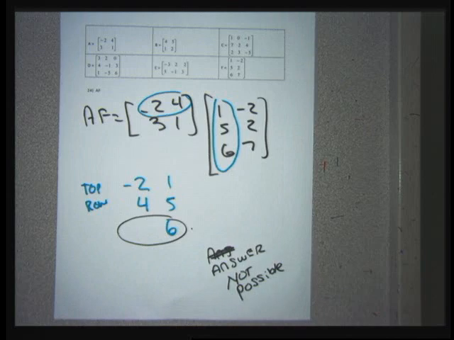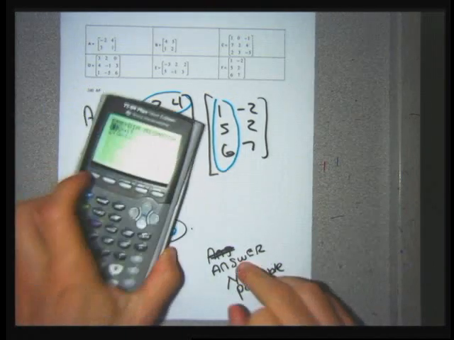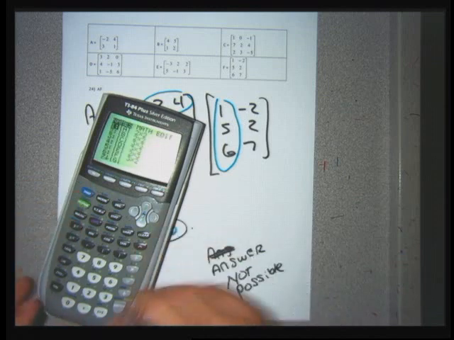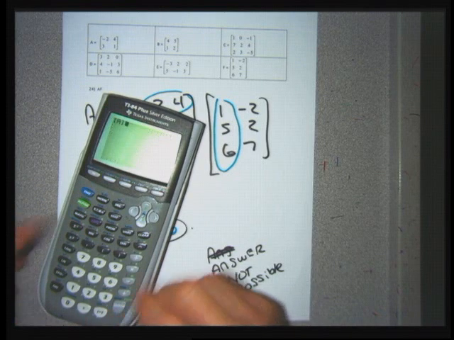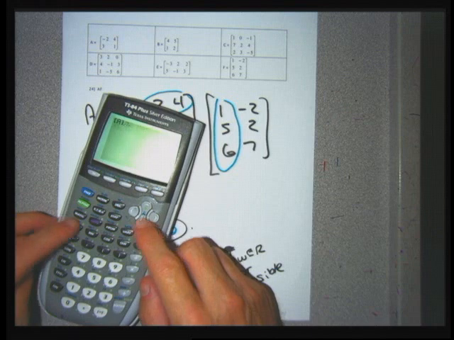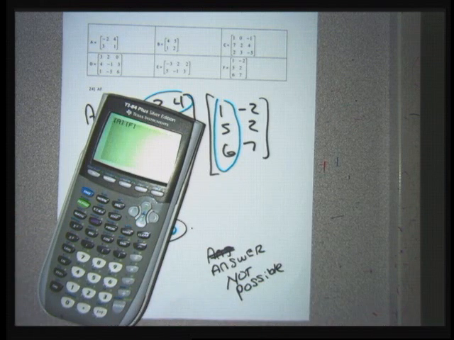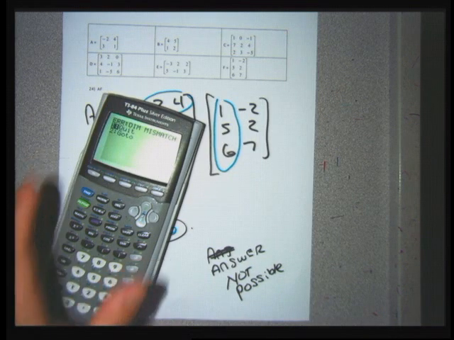When I do AF on my calculator, I'm going to get dimension mismatch again. So on my calculator, if I did second matrix A and then second matrix F to get the problem looking more or less like I have presented it, and I hit enter, I get dimension mismatch, which means that multiplication is not possible to do.